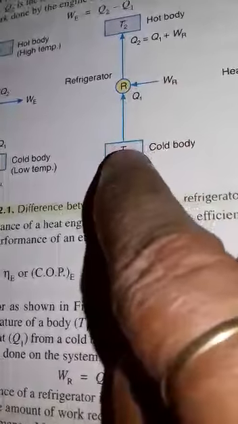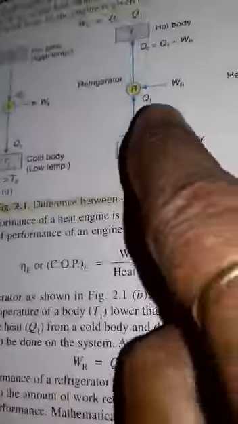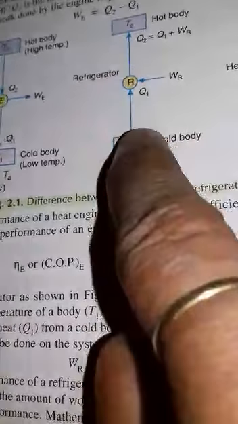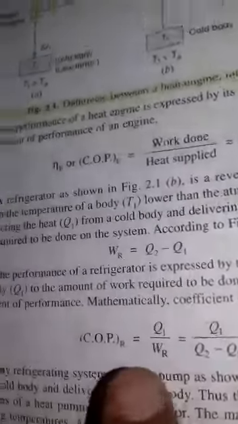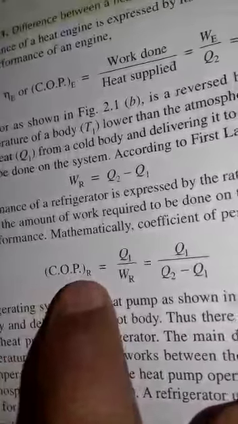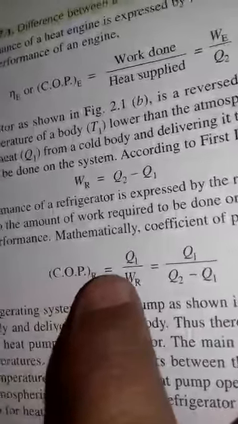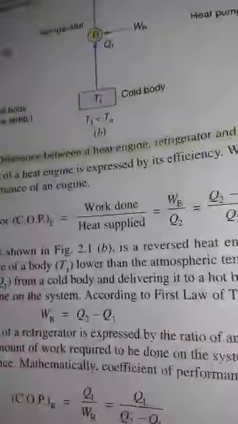work which has to be supplied to refrigerator, and that will amount to Q2 minus Q1, because Q2 is higher temperature, Q1 is the lower temperature. Q2 minus Q1, that will be the work which is being supplied. So now in refrigerator COP comes into the picture, not efficiency. COP, that is cooling effect upon work supplied or work done.